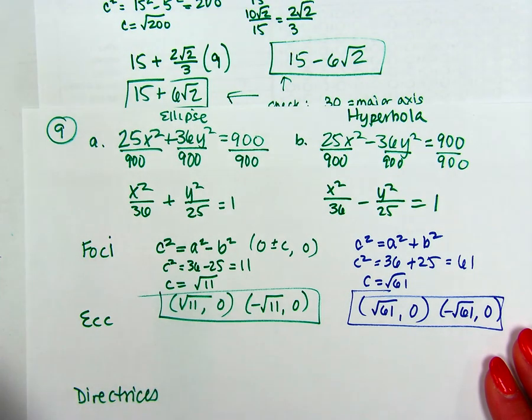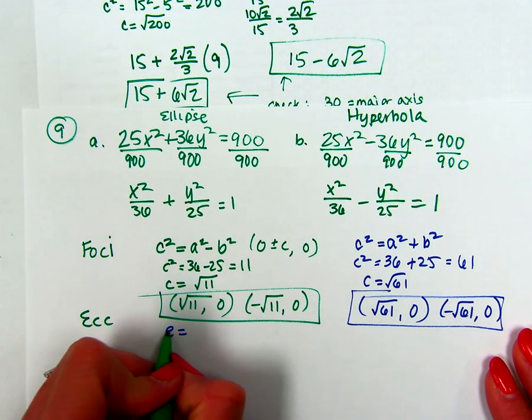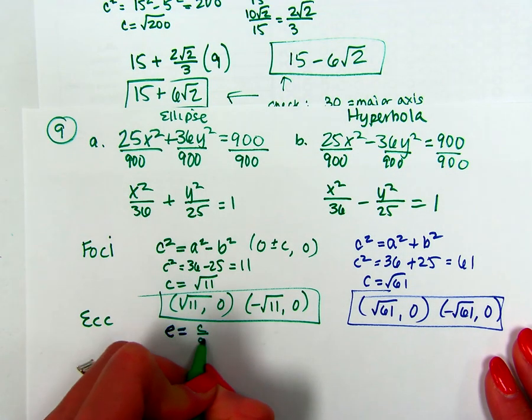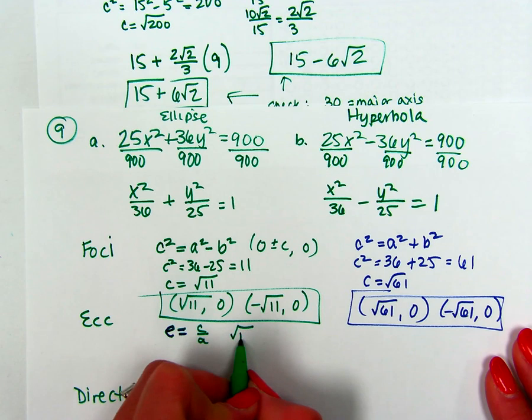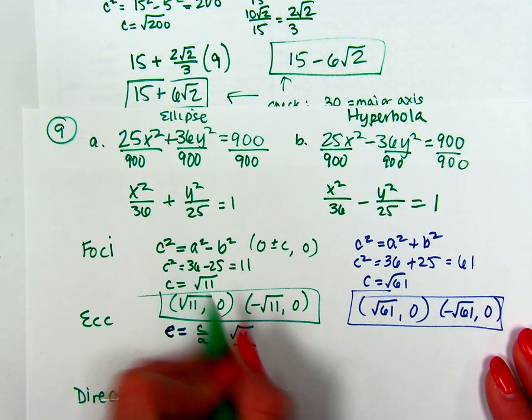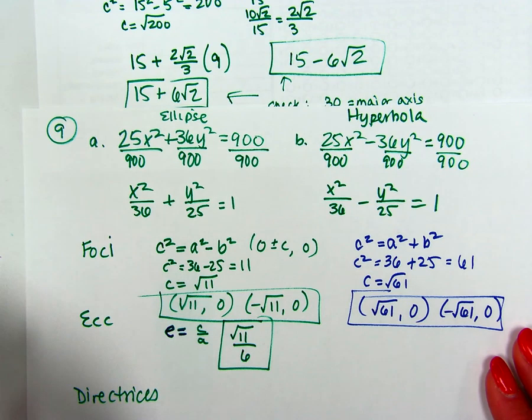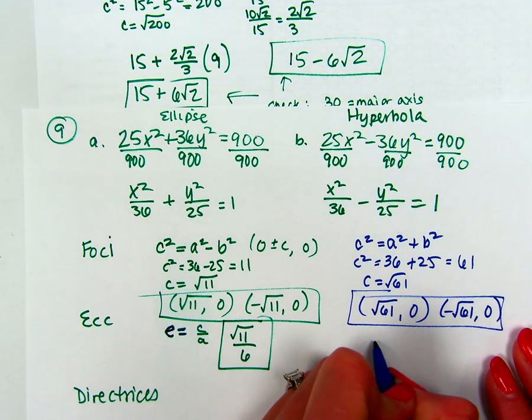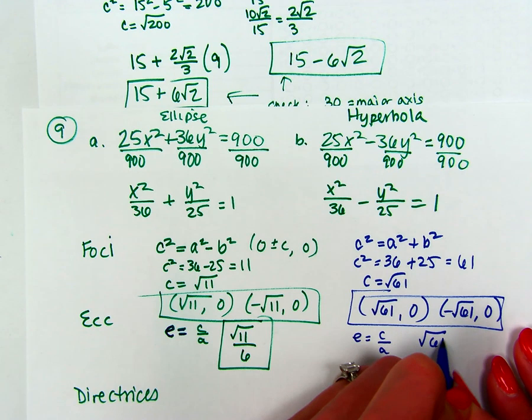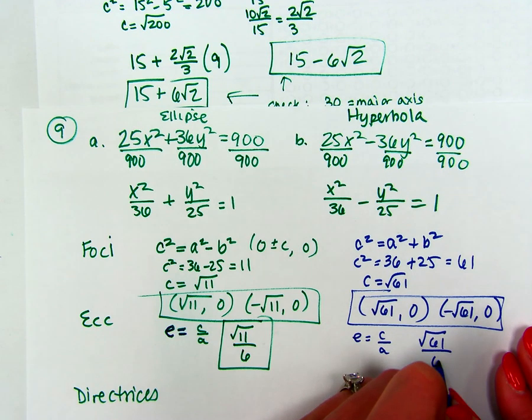All right, my eccentricity is always going to be c over a. So in this case, we've got root 11 over a, not 36, but just 6. In this one, we're going to use c over a as well, but this time c is root 61 over a, which is 6.